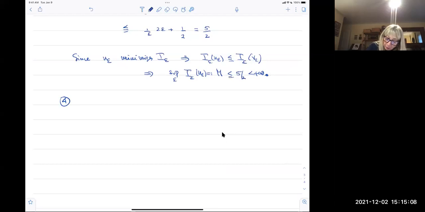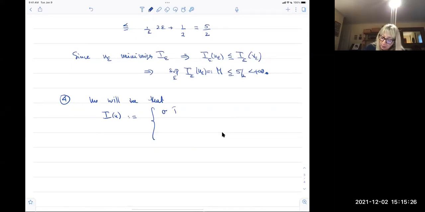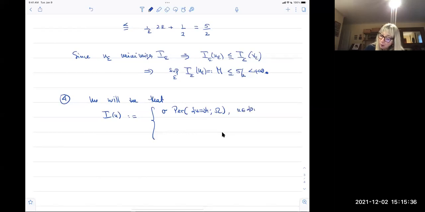So we will see that this asymptotic limit energy I is actually going to be, which is something I announced already before, a constant times the perimeter of the phase where u equal to 0 in omega, if u takes only value 0 and 1, and of course, if the average of u is m, it's plus infinity elsewhere.